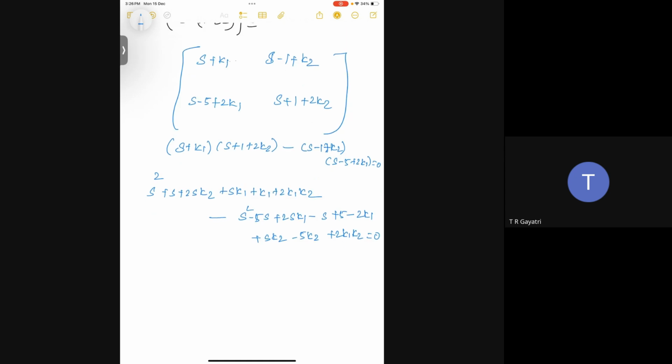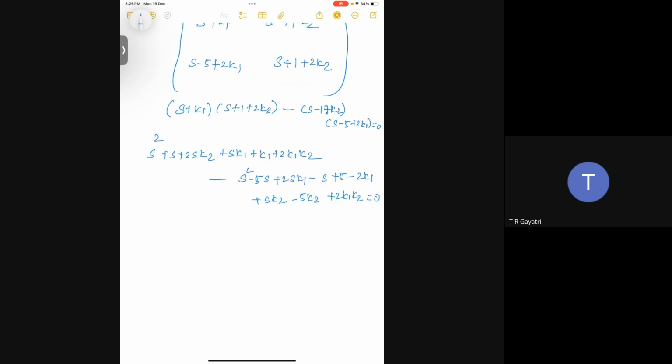s square is done. Now, the s square terms: are there any other s square? It is not supposed to be cancelled.